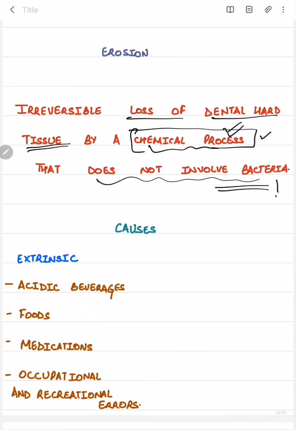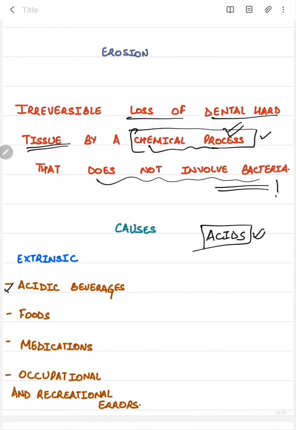So what happens in erosion? There is dissolution of mineralized tooth structure when it comes in contact with acids. So acids are released intrinsically also, or there may be some extrinsic sources also. So firstly we will discuss extrinsic sources.